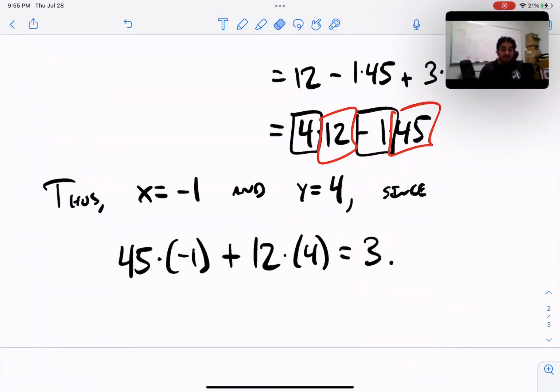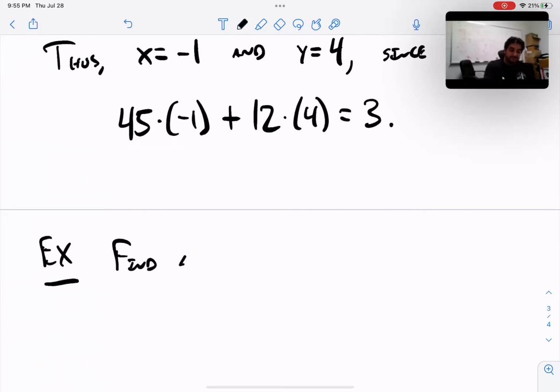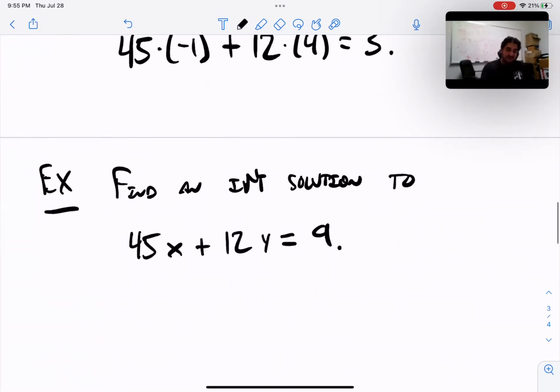One thing I want to comment on is you can also then, without too much effort, find the solutions to related equations. For example, suppose I said find an integer solution to this equation, 45x plus 12 times y equals 9, right?